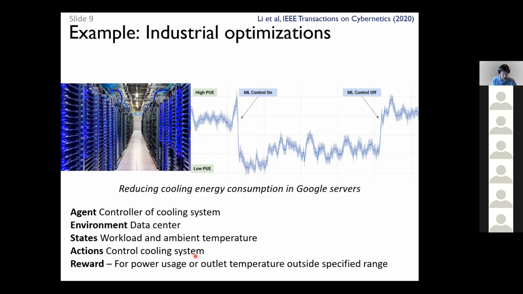So you control the cooling system, and the reward is, well, that you don't have any power usage, and that the outlet temperature is within a certain range. So maybe they don't want it to be too hot, because that could be painful for animals or humans walking by, or I don't know exactly what the reason is for this, or it could cause fires if it's very hot.